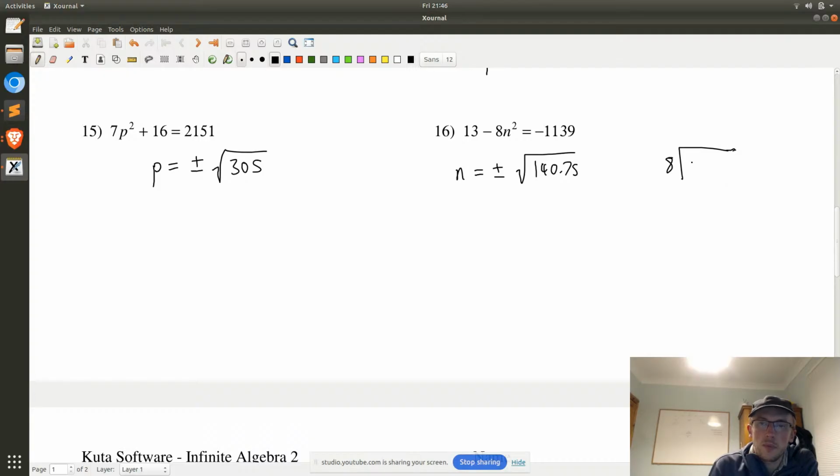So 1, 1, 5, 2. And we do that, and we get 1, 4, 4, 1 for 4. And that is indeed 12. 1 square rooted.